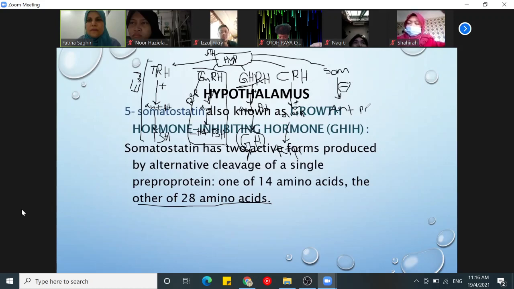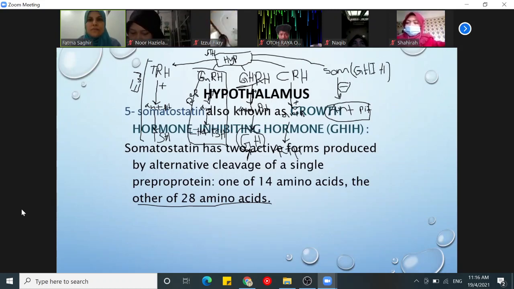Anterior pituitary, it will inhibit the part which is releasing growth hormone. So no more growth hormone. So somatostatin, we also call it by another name, growth hormone inhibiting hormone.